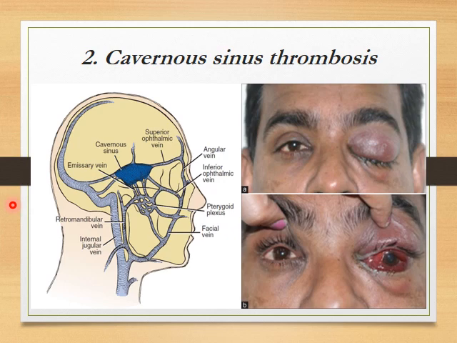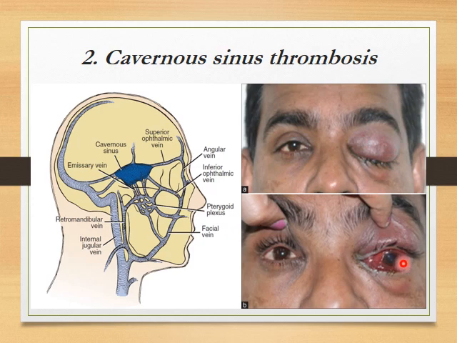The signs and symptoms, mainly we will see an eye involvement. It includes periorbital swelling and redness, as we see here. Also, we will see ptosis, which is a drooping of the upper eyelid.